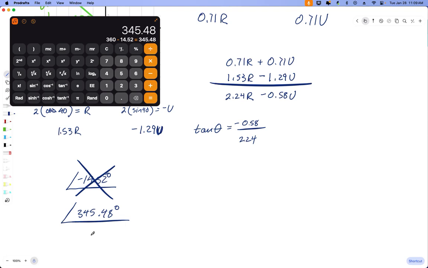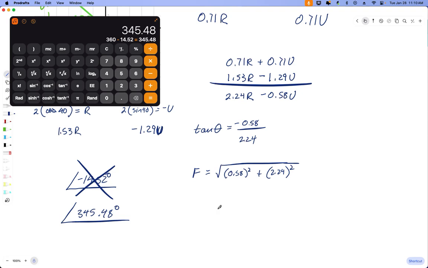We want the positive. Now, all we have to do is find the force, which is going to be equal to the square root of, and this doesn't matter if it's negative because the negative times the negative is a positive. So you can drop the negative if you want to. If that confuses you, then don't. Right?